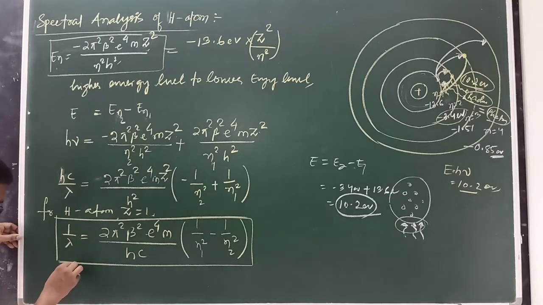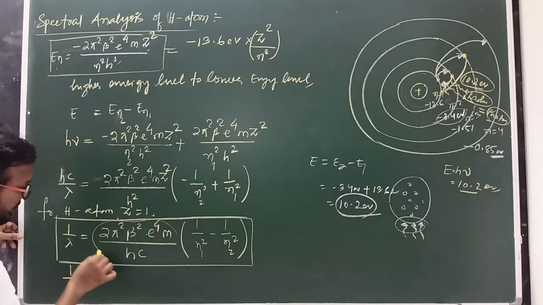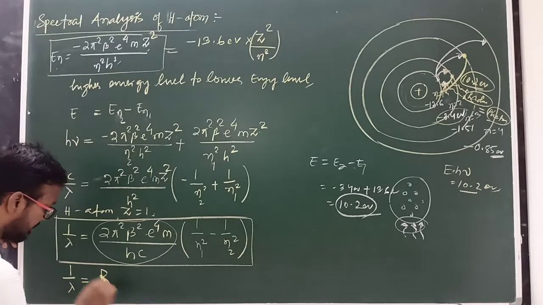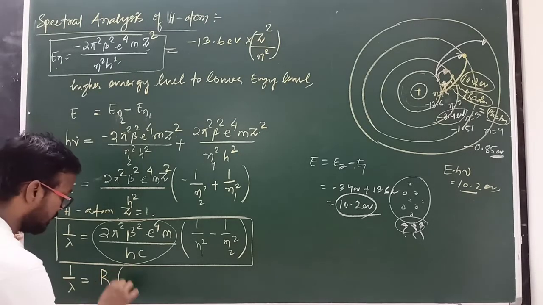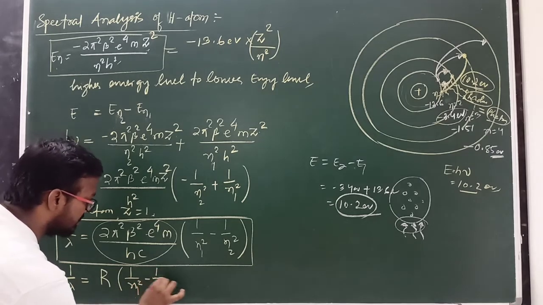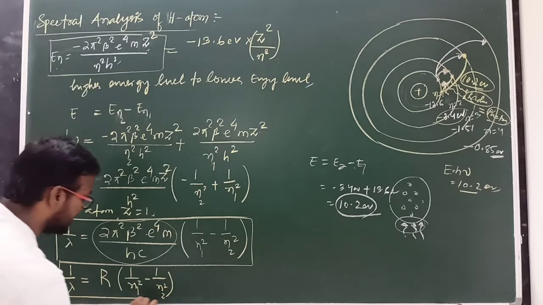Or we can write another term, 1 by lambda equal to this term. If we use all the values, this is a constant quantity, and this constant can be written in terms of R. R into 1 by n1 square minus 1 by n2 square. Clear? And what is R?